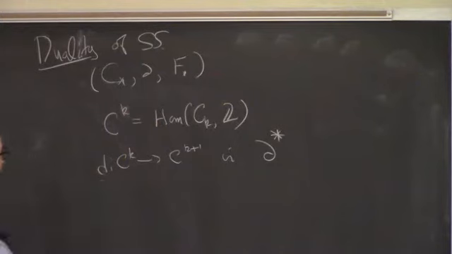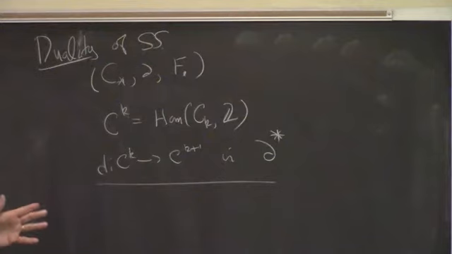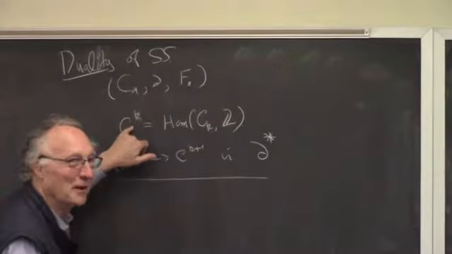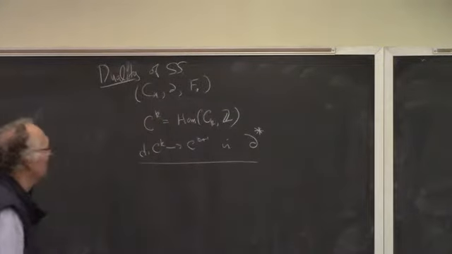So notice, in some categorical sense, this should be put in negative degree, but it's not. Notice there's no flipping of indices here.